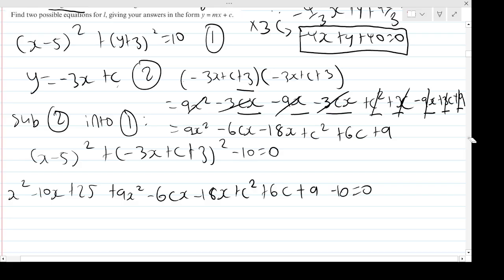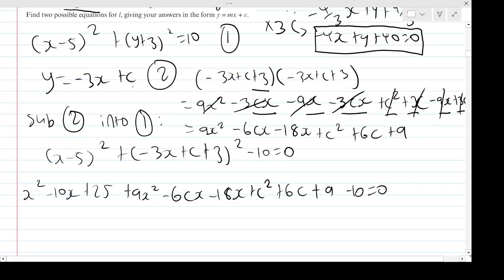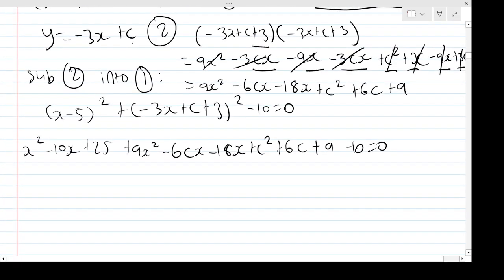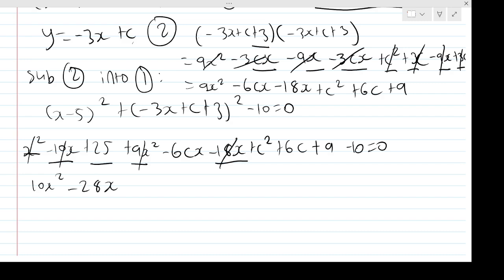And then I'm going to collect the like terms again to then get x squared and 9x squared will be 10x squared. Cool. Then I have minus 10x minus 18x, that'd be minus 28x. Then I have a number, but I'm gonna collect the other terms first.